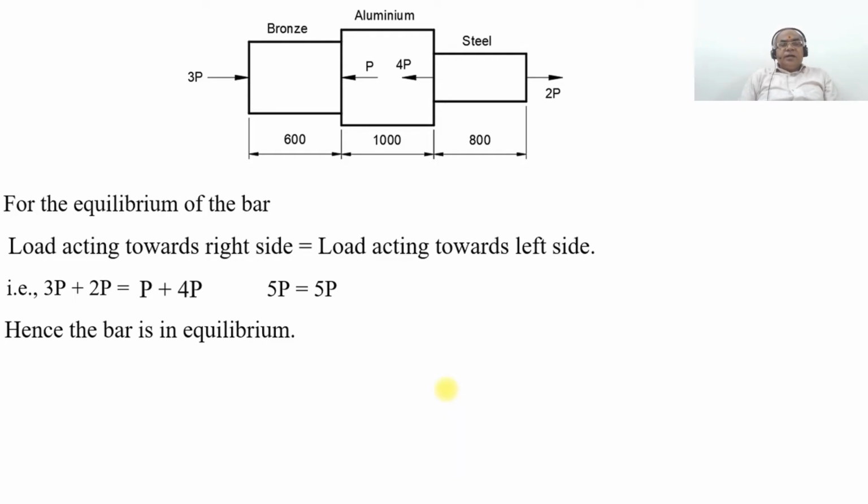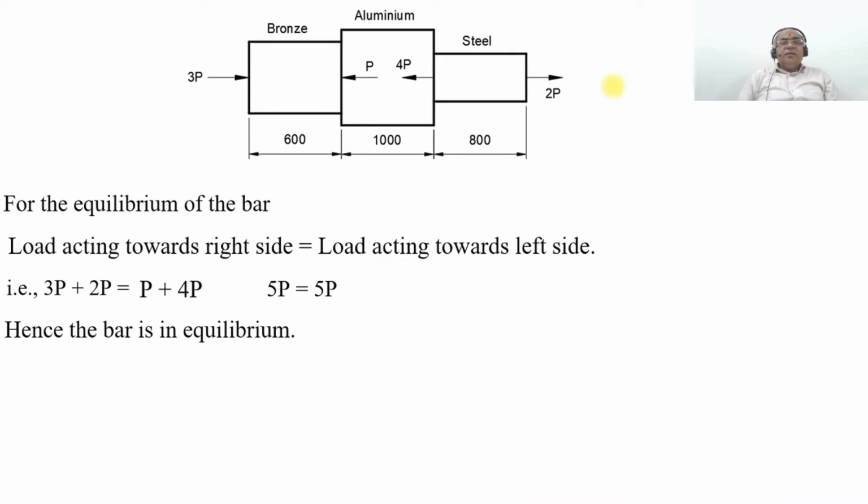Now, we are going to consider the equilibrium of each bar individually. When you are considering the bronze bar, on the left end we have 3P which is acting towards the right side, so it is compressive here. Now, on the right end of the bronze bar, you have P acting towards the left, 4P acting towards the left, and 2P acting towards the right.